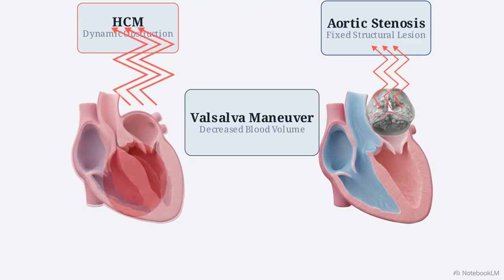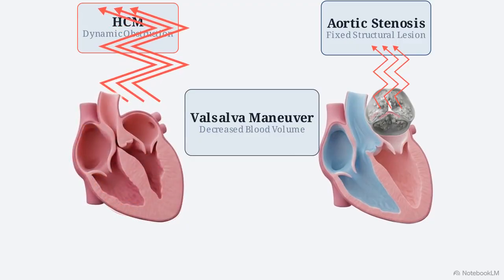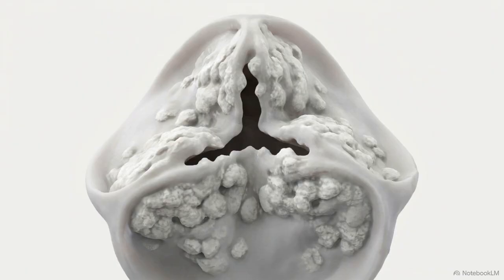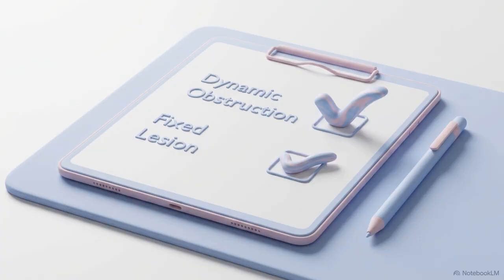The HCM wall collapses inward, but the physical size of the opening in the calcified aortic valve remains completely unchanged. Because that hole size is fixed, aortic stenosis strictly obeys standard fluid dynamics. Less fluid moving through a fixed gap creates less turbulence, resulting in a quieter murmur. A fixed structural lesion cannot collapse under low fluid volume. Its acoustic behavior sits in perfect opposition to a dynamic obstruction, making these simple bedside maneuvers highly accurate diagnostic separators.